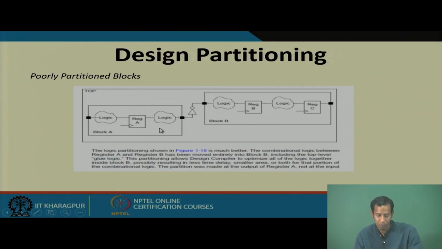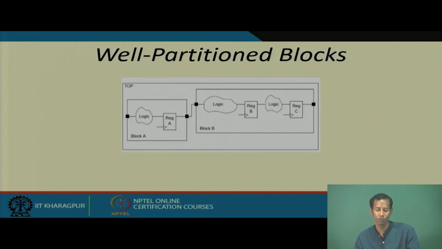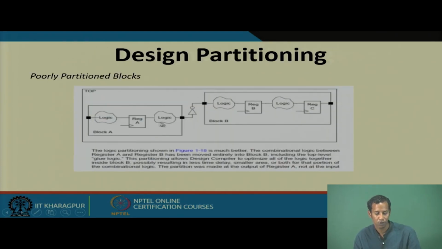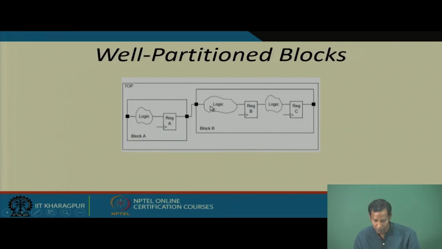So, if we change the partition in a different way, can I improve the performance? What I do is I place all this logic of block A into block B, and I have only logic and registers over here in A, and the logic and all this part over here.